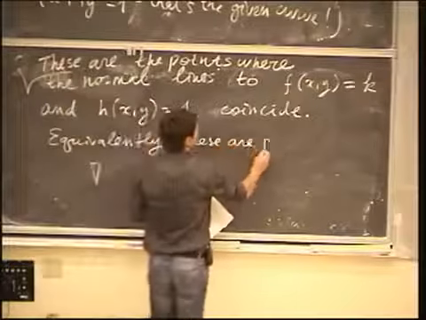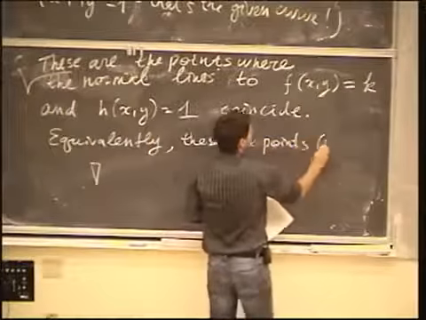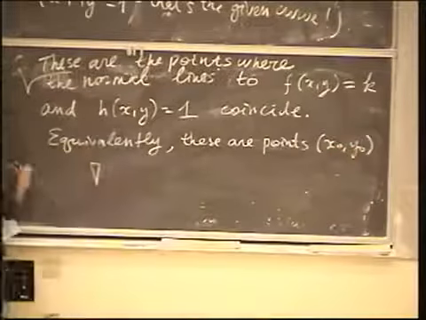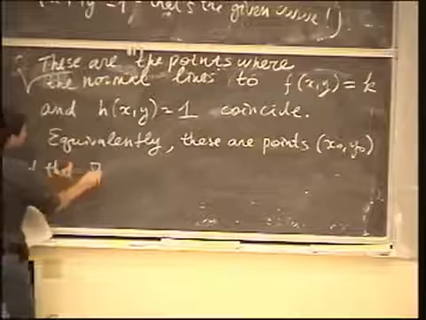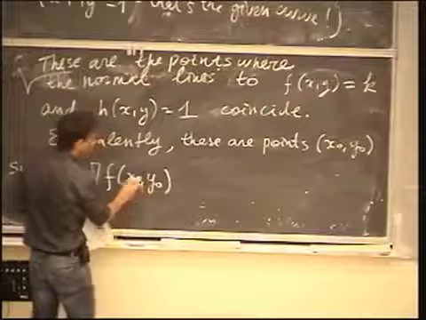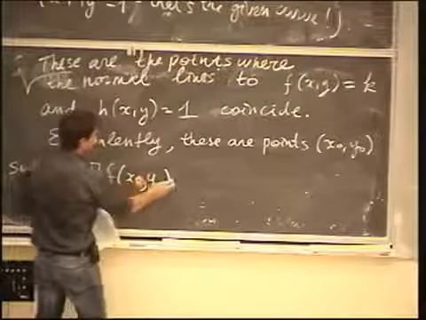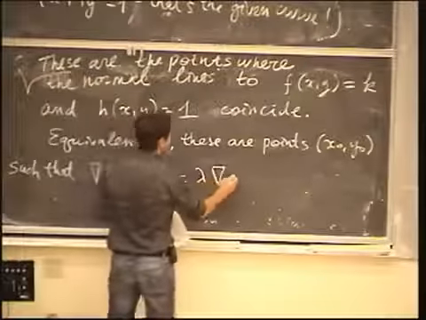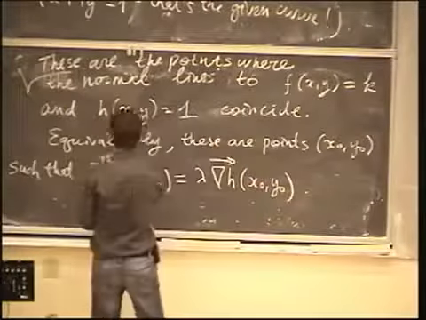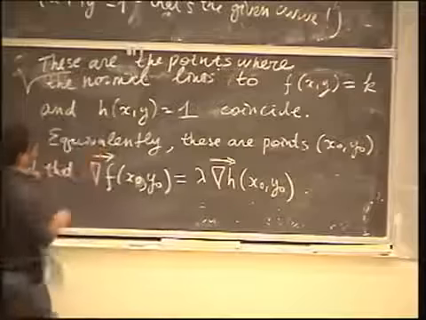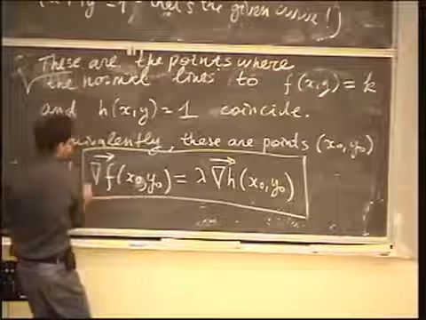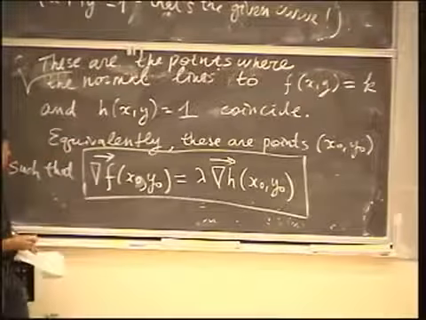These are the points x0, y0, such that nabla f at x0, y0 is equal to lambda times nabla h at x0, y0. And that's the equation that will give us those points.